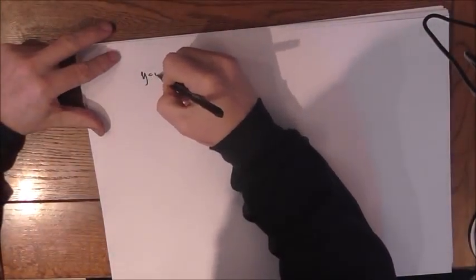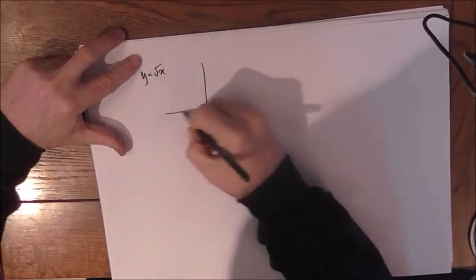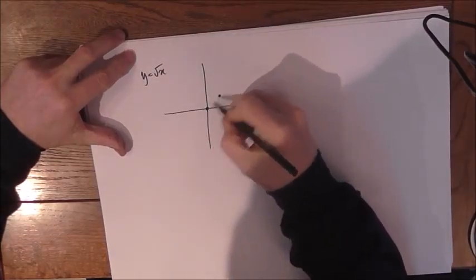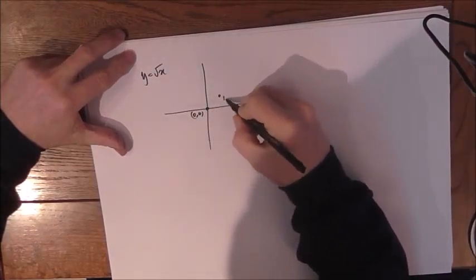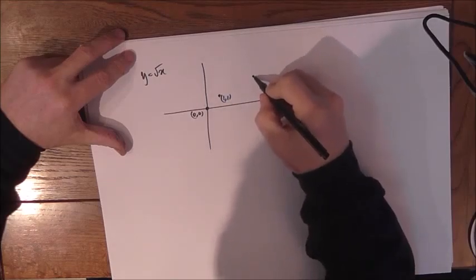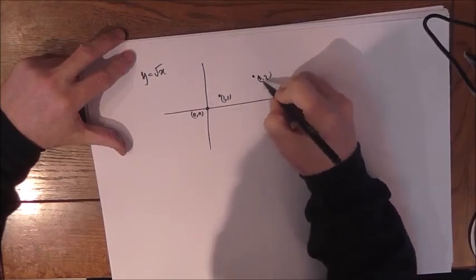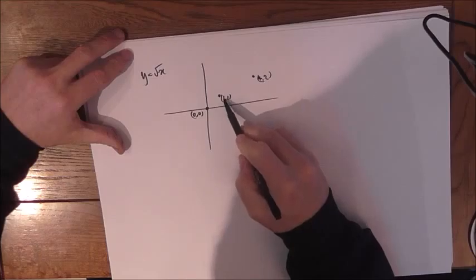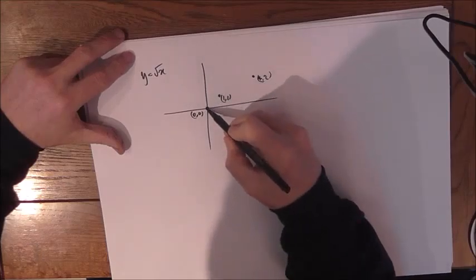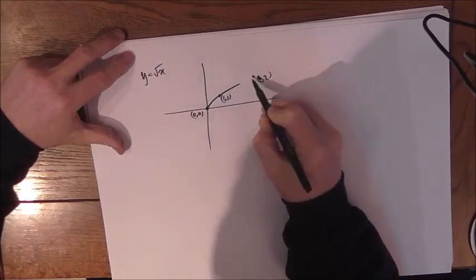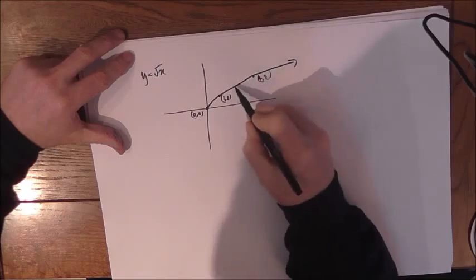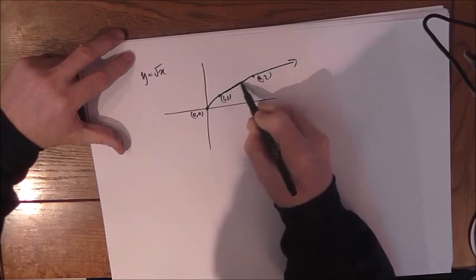What else have we got? Y equals square root of x. This goes through 3 key points. 0, 0, 1, 1 and 4, 2. Easy to remember those because the y coordinate is always just the square root of the x coordinate, but you must remember that this graph just suddenly leaps out from the center.